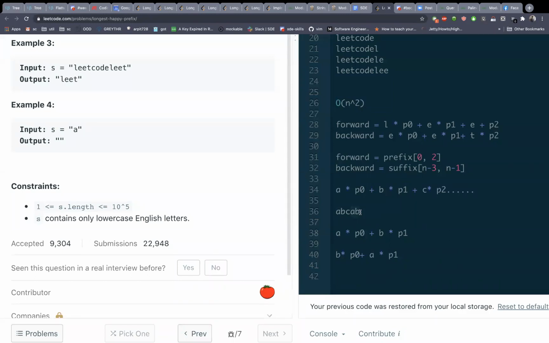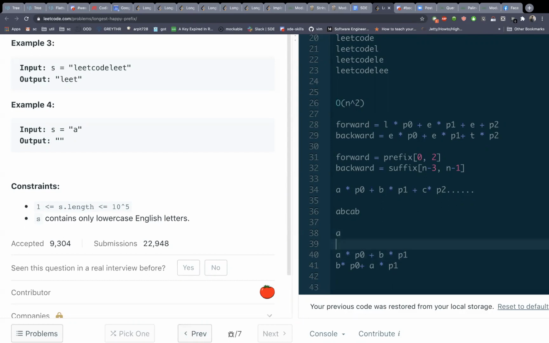So what we do is we calculate the hash of this thing like this.